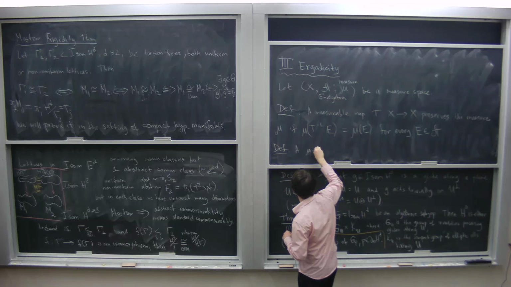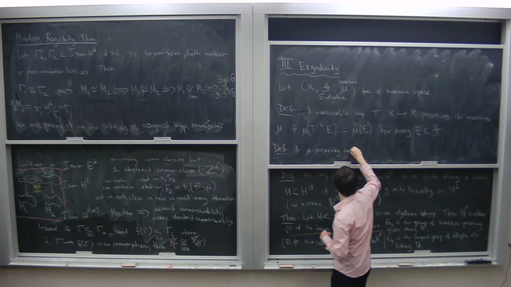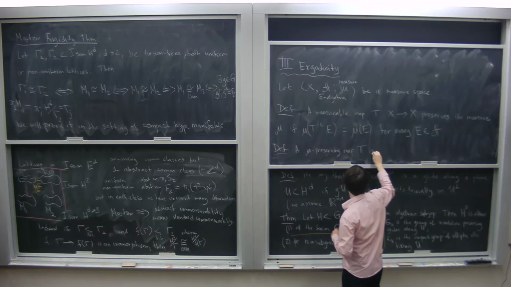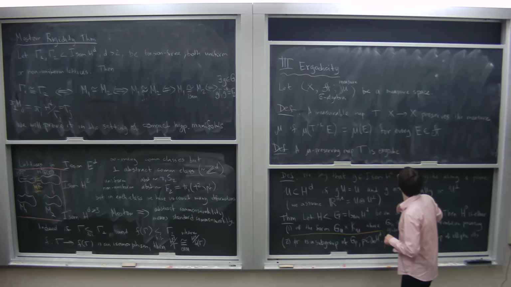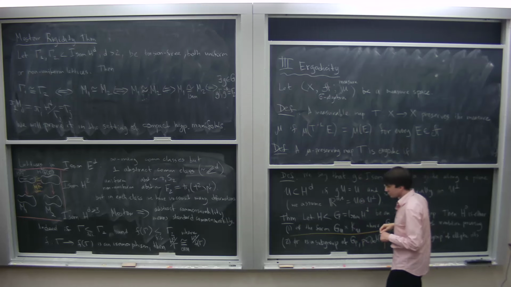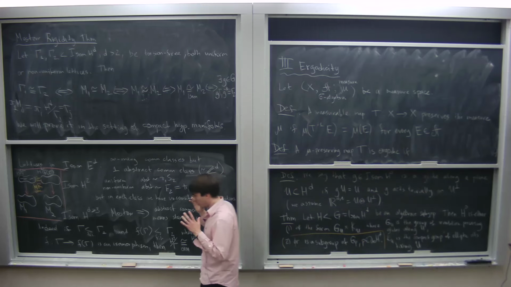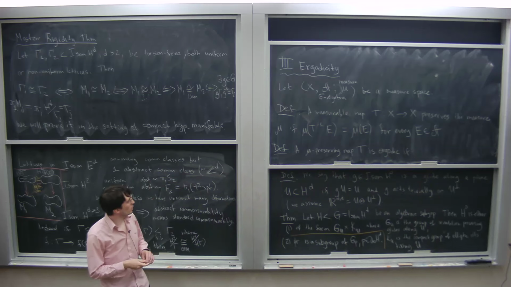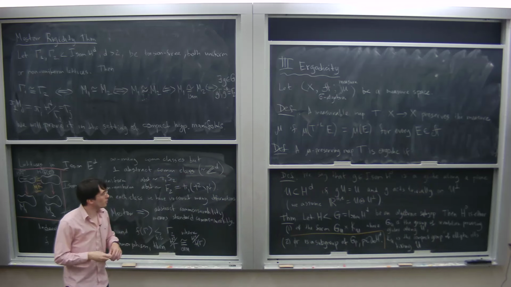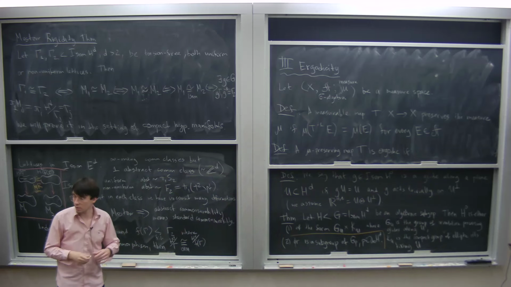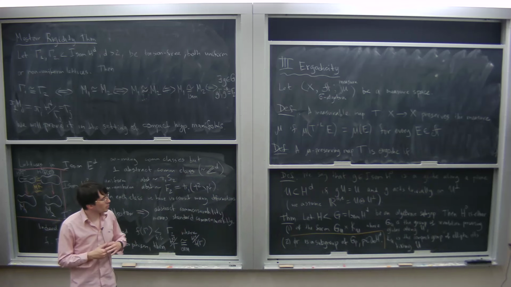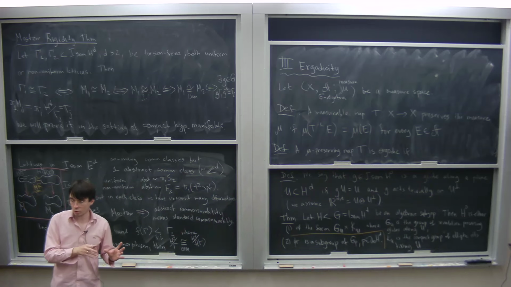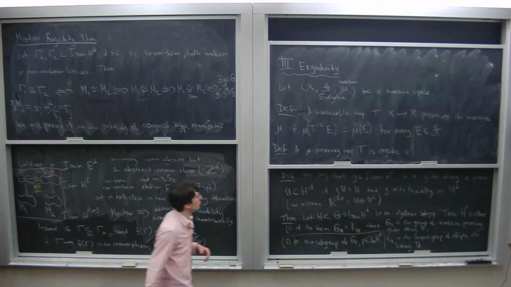Okay, so a mu preserving map T is ergodic if the fact that some set E is invariant under T implies that this set E is either of full measure or of zero measure.